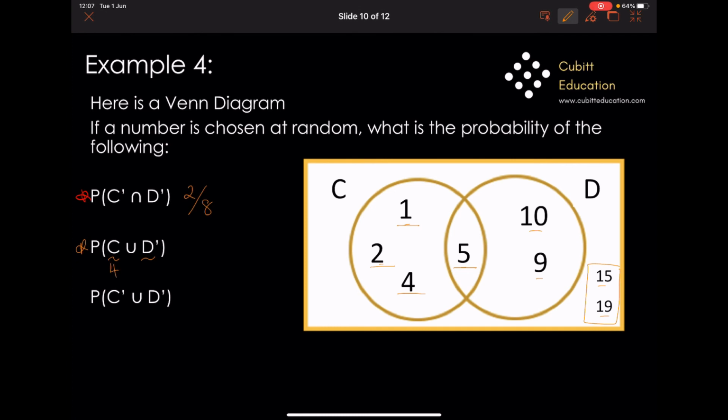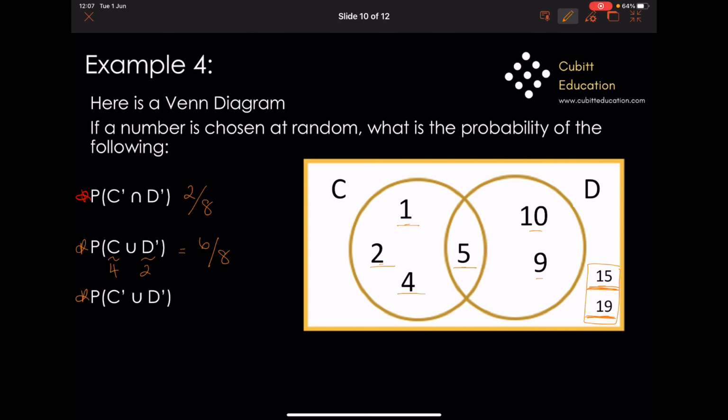The probability of not getting D, meaning we don't want D, are these 2 numbers down here. So that's 2. So altogether that's 6 out of 8. Sorry, these are just a little bit more complicated.